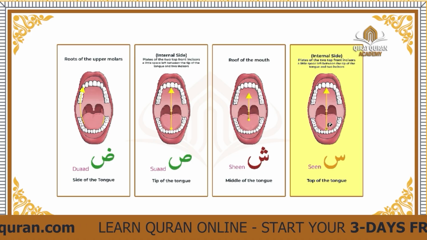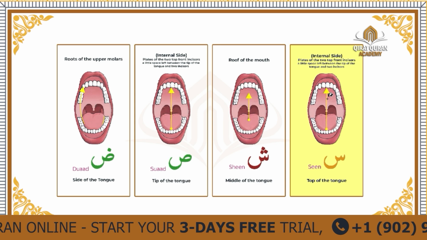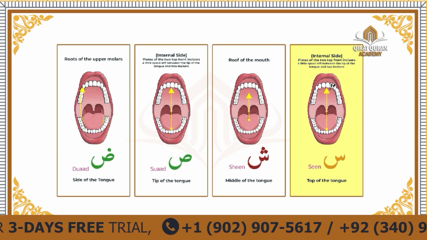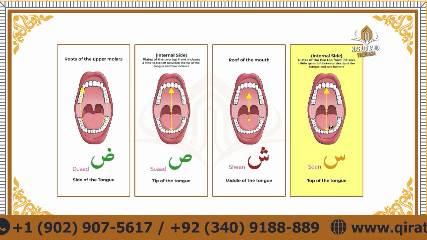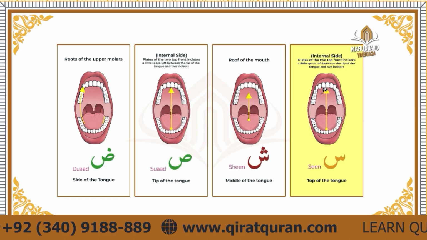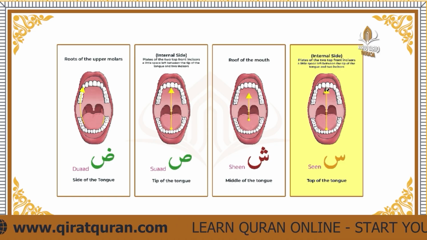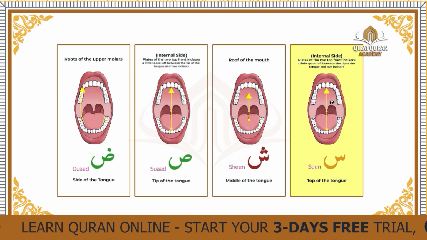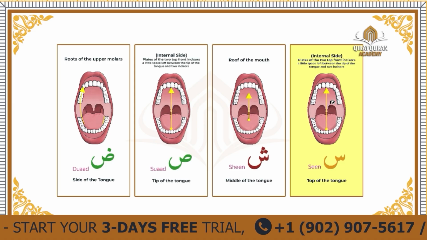Now you have to put this near the inner plates of the upper central incisors. These are the central incisors. So you have to put this part of your tongue near the inner plates of the upper central incisors from the internal side. That's how you can easily pronounce sin.